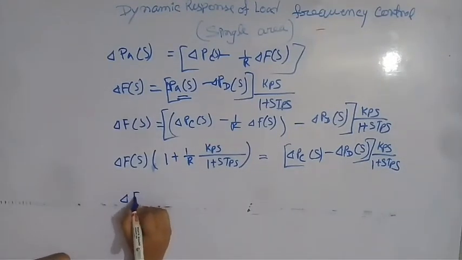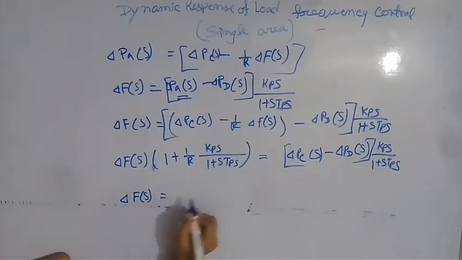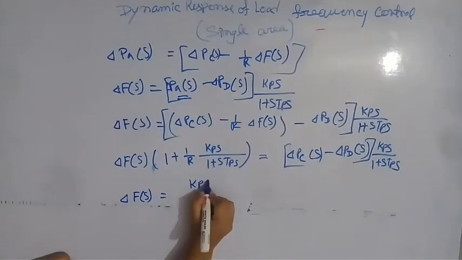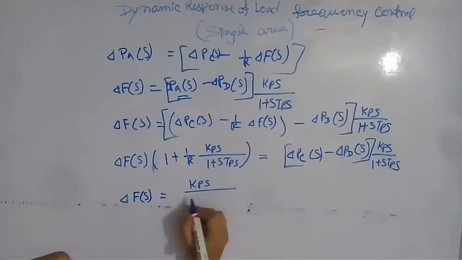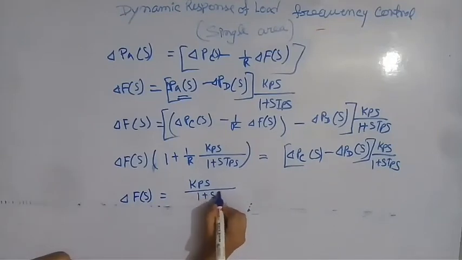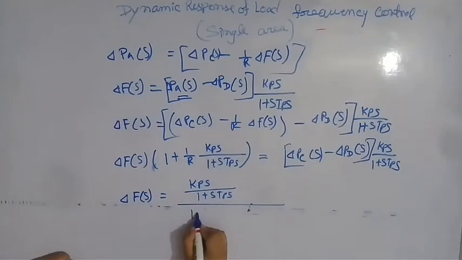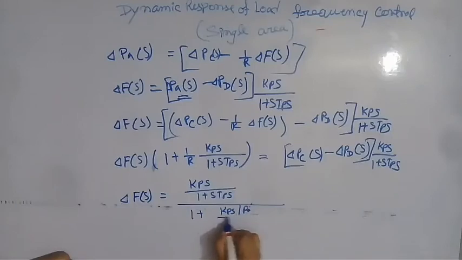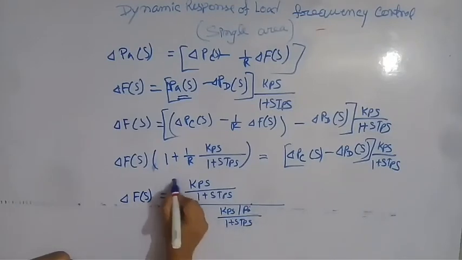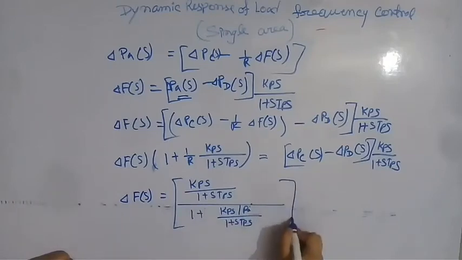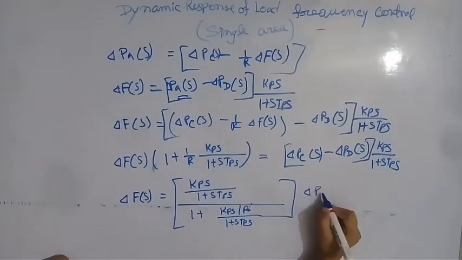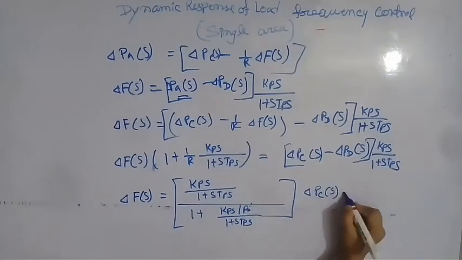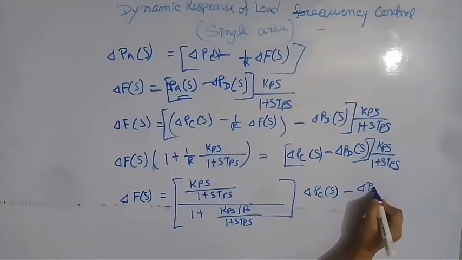So delta F of S is equal to KPS by 1 plus STPS, divided by 1 plus KPS by R times 1 by 1 plus STPS, into (delta PCS minus delta PDS).